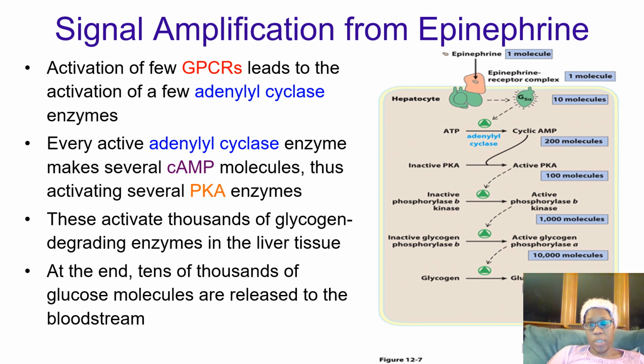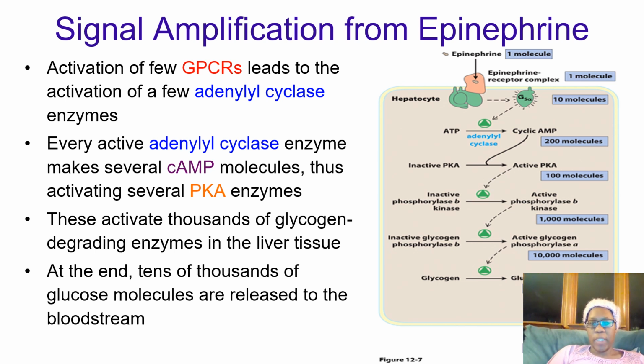Those 200 cAMP molecules can activate 200, 100, many PKA enzymes. When you activate PKA enzymes, they go along and they phosphorylate many other enzymes, such as those responsible for degrading glycogen.